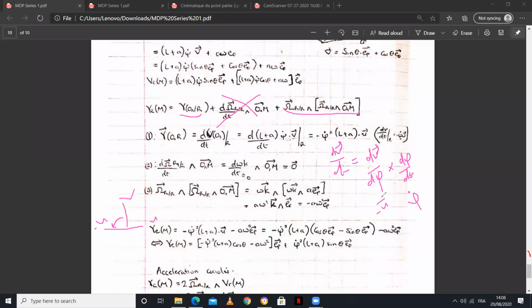So when you derive this, you first derive φ. It's going to give you φ point. φ point is constant. You guys know why φ point is constant? φ point is the angular vitesse.